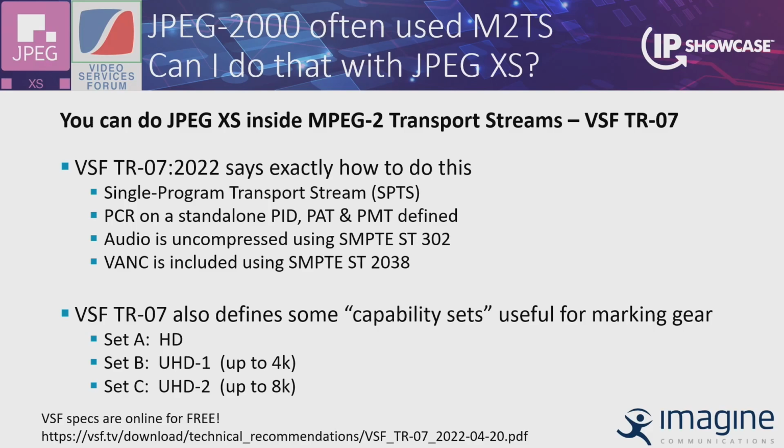So over in the Video Services Forum, another organization, we wrote a document that describes how to do JPEG-XS inside an MPEG-2 transport stream. And again, there's an MPEG document that says how you map that, and another MPEG document extension for the transport stream itself to have the right little magic bits that say JPEG 2000 is type 37 or whatever it is.